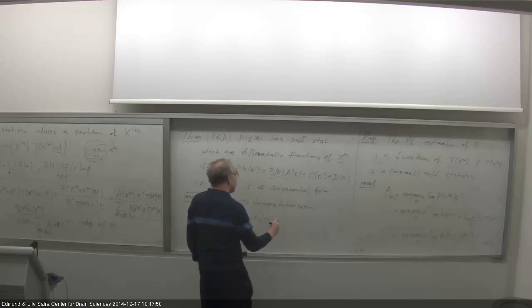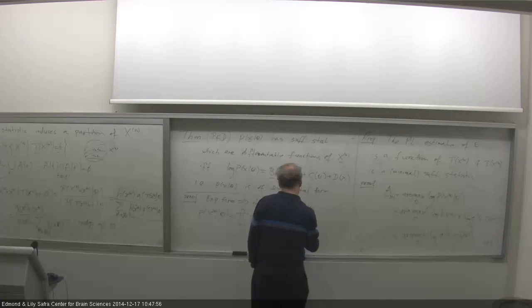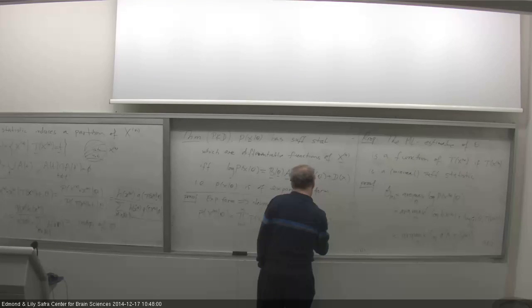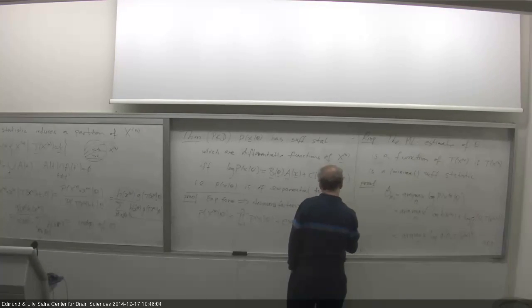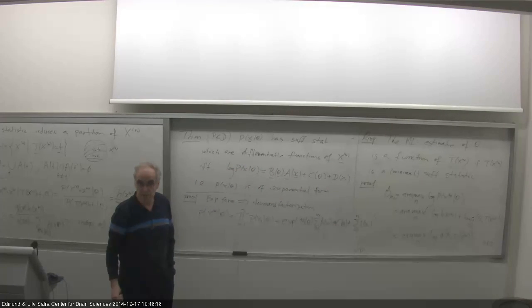Which is just the exponent of b(theta) times the sum of a(x_i), plus n times c(theta), plus, again, this sum here. I just took the product and summed in the exponent.